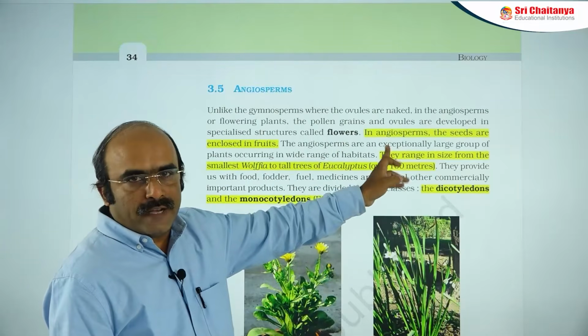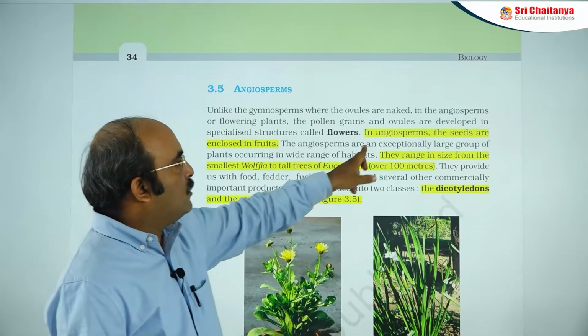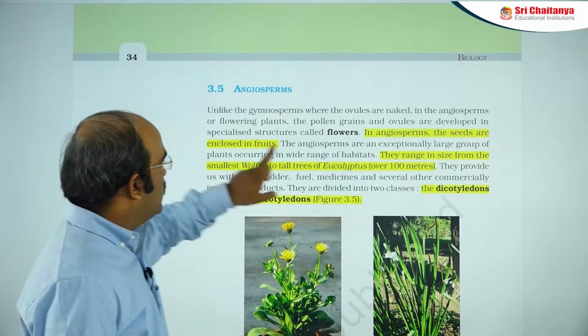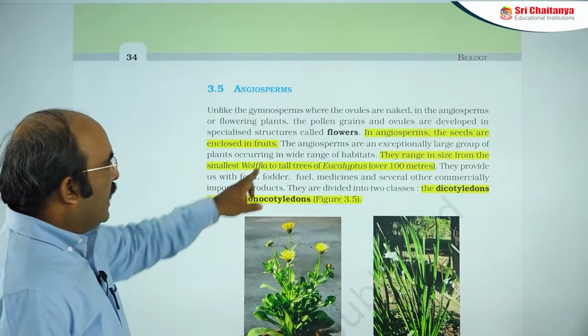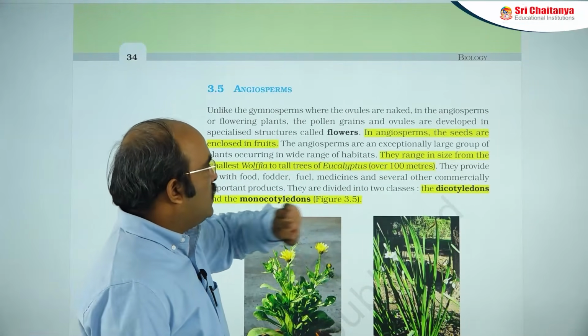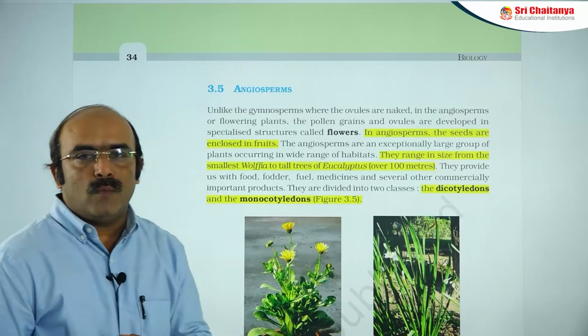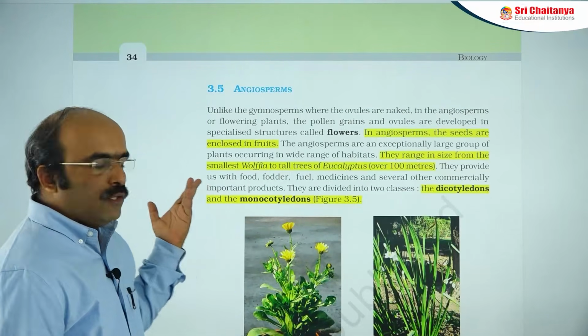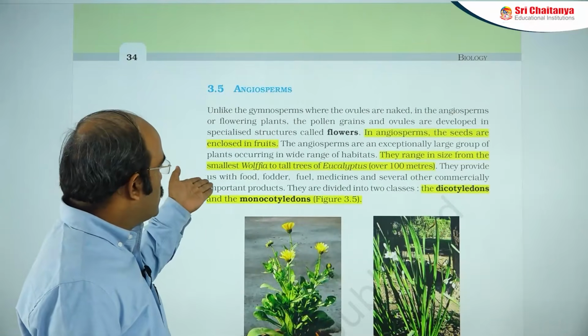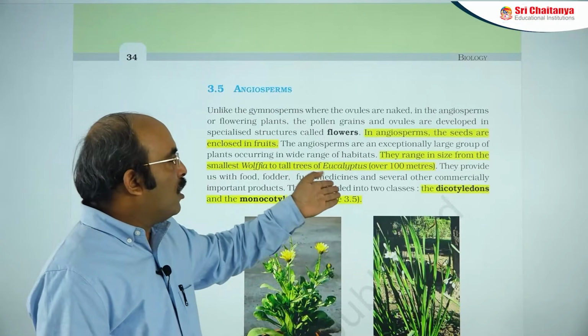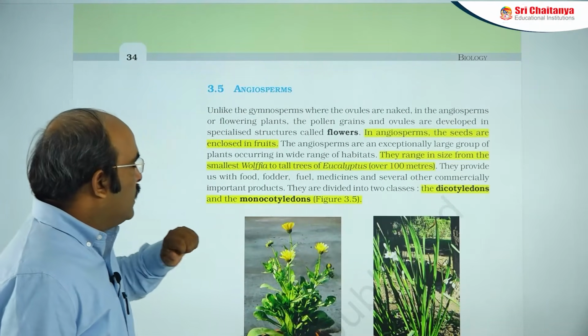So, in angiosperms, the contrasting character compared to gymnosperms is that seeds are enclosed in fruits. The angiosperms are an exceptionally large group of plants occurring in a wide range of habitats where you can see the difference in size from the smallest angiosperm, which is Wolffia, to the tall trees of Eucalyptus.